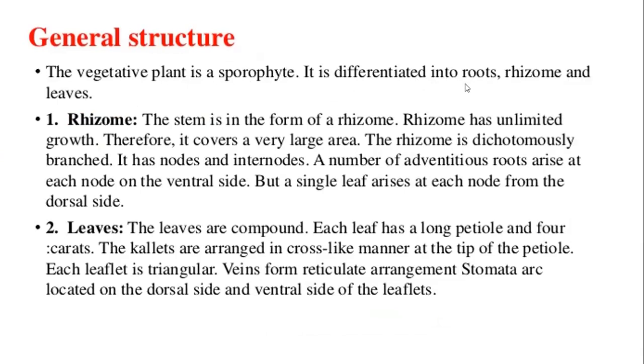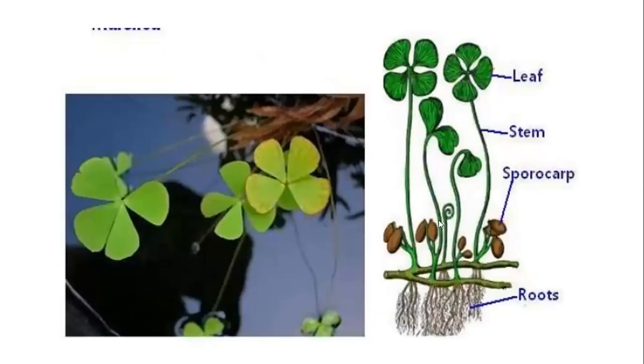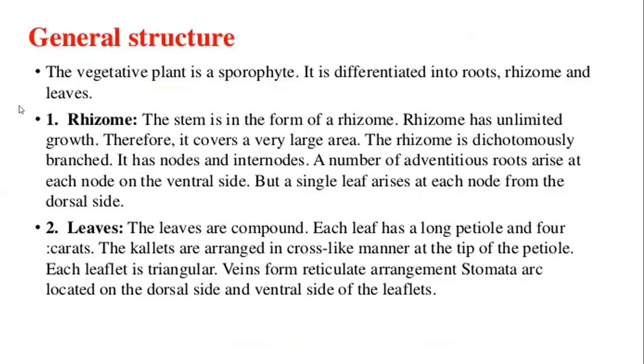You can look at the structure of the plant here. This is the prostrate part of the plant, which is called the rhizome, and these are the roots, and these are the aerial leaves.